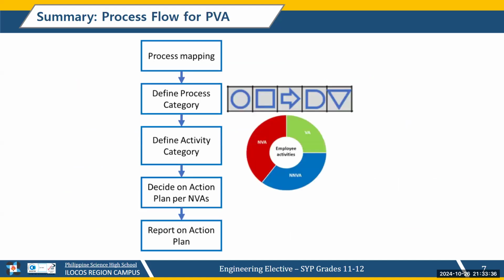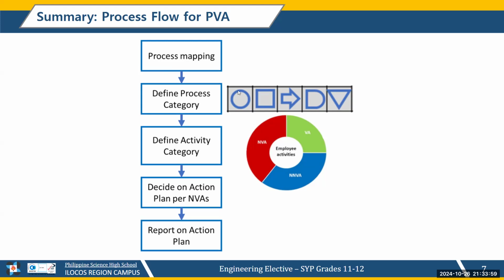So here is a summary of what we are going to do in order to accomplish a VSM. So number one, we are going to still do process mapping. So after mapping the entire process from start to finish, we are going to define the process category of each step.